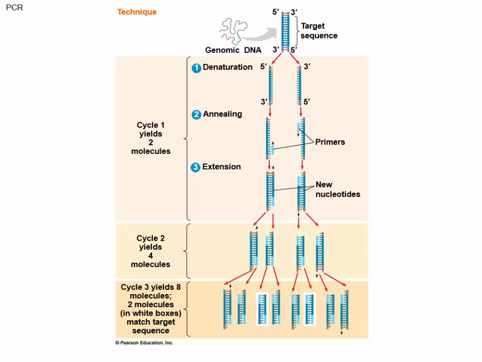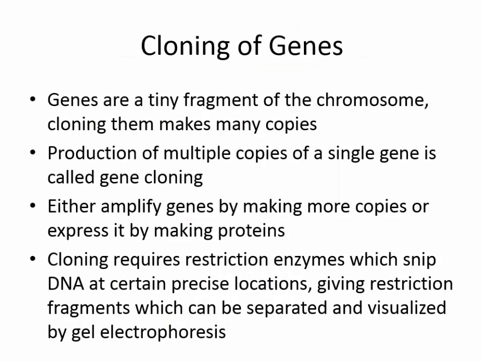After the first cycle, you get two molecules of the original DNA sequence. After cycle 2, you get 4 molecules. And after cycle 3, you get 8 molecules that are matching the target sequence. So you keep on amplifying how much DNA you have.